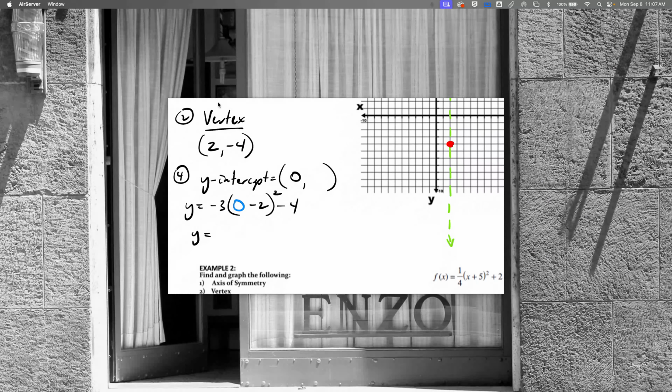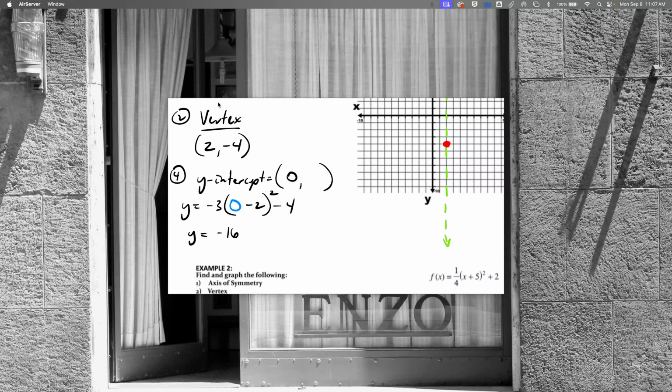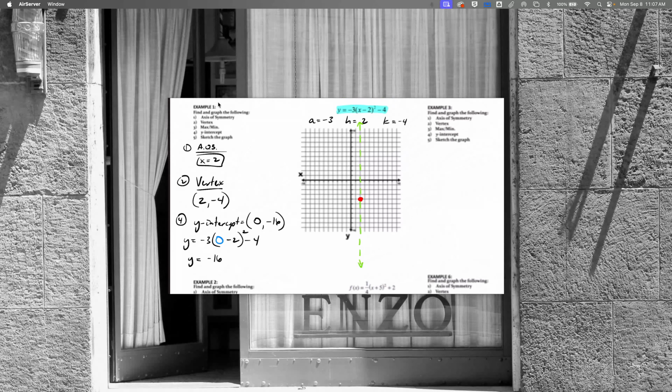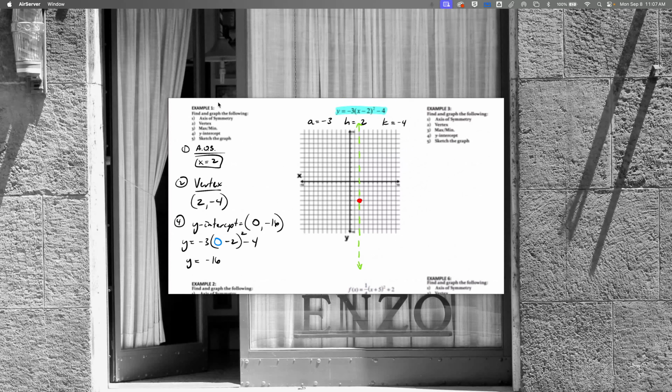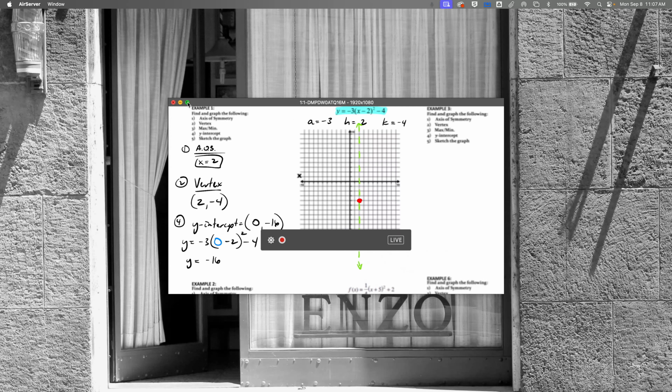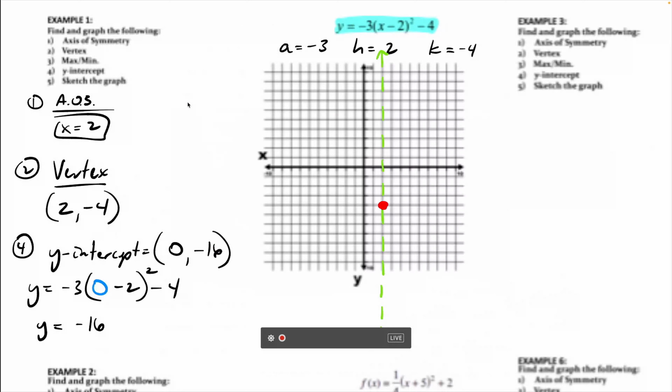Okay, so negative 16. So 0, negative 16. Go make a dot. What happens when I try to make a dot? It's off the graph, right? It's the same thing that happened last week on the practices. Some of you guys were like, Mr. Flores, this guy's not on my graph. Just guesstimate.